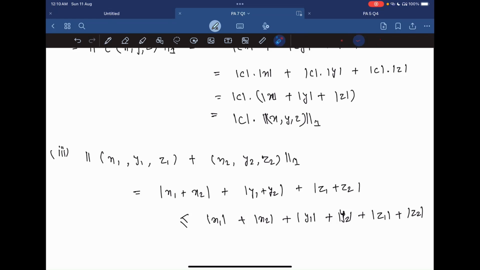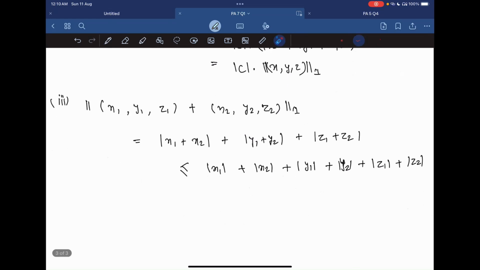Now the reason is we can go with the intuition also. Here we are summing these two quantities, and what might happen is that this quantity might be less, like there can be scenarios where x2 can be negative or x1 can be negative. So overall this value, that is the sum of two elements and then taking the absolute value, would be less than if we first find the absolute value of these two elements and then sum it.